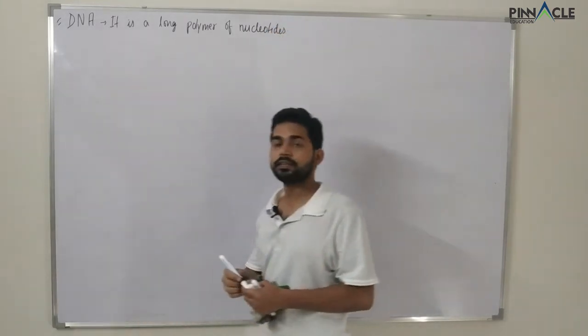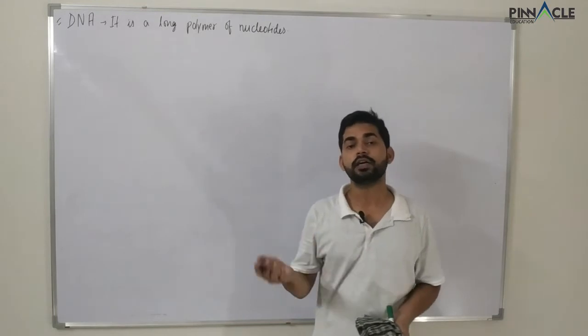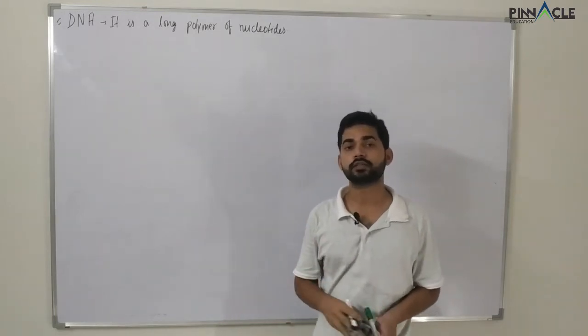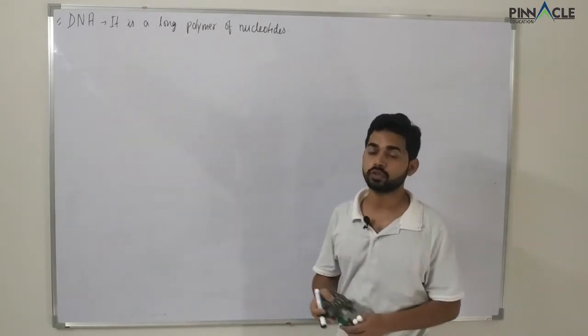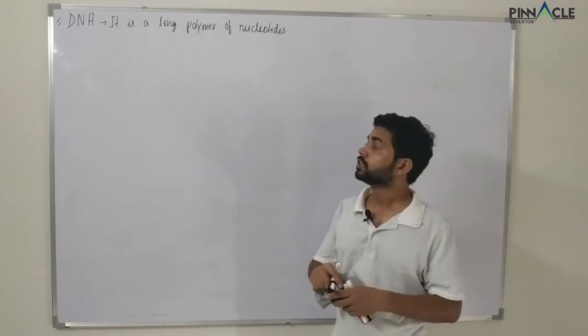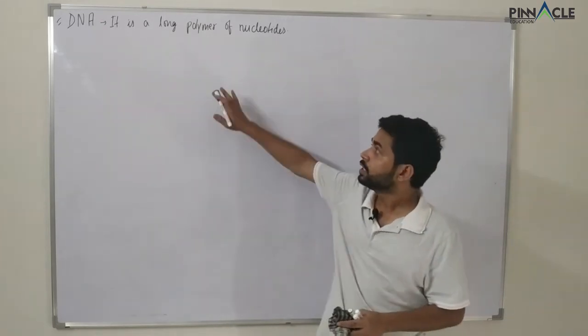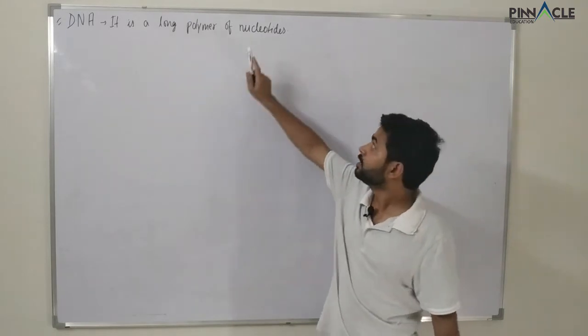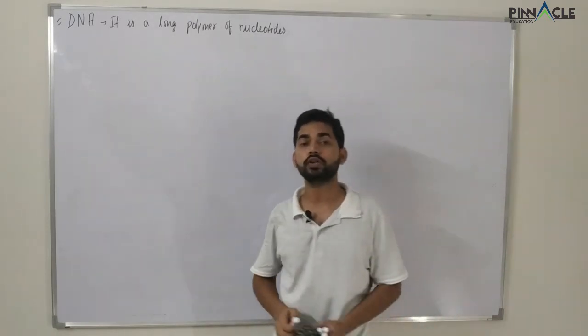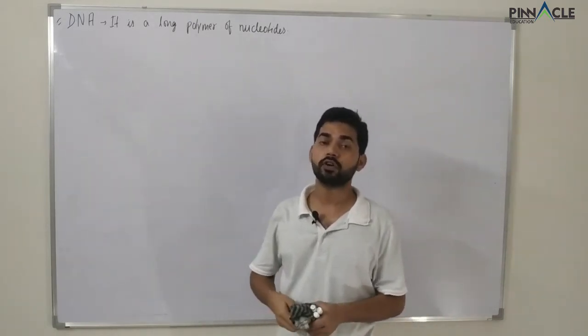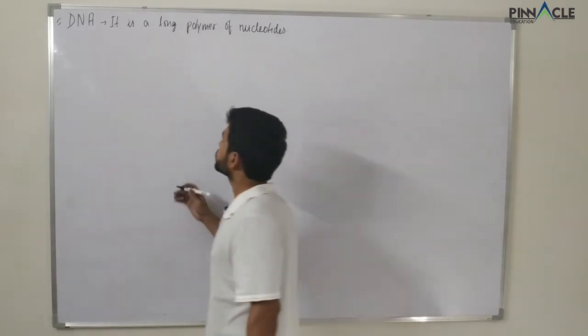So the DNA is just like any polymer. Likewise, protein is a polymer of amino acids, glycogen is a polymer of glucose, cellulose is also a polymer, starch is also a polymer. So DNA is also a polymer. Here the monomeric units are called nucleotides, and we first have to study what those nucleotides are.